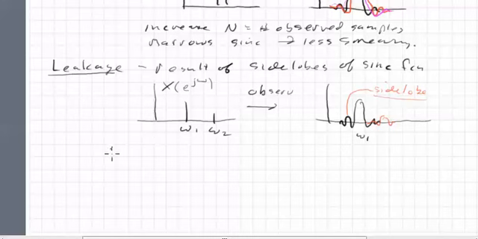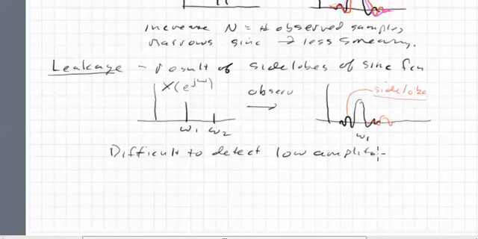Okay, so difficult to detect low amplitude lines in the spectrum. I'll call them signals, due to strong side lobes.